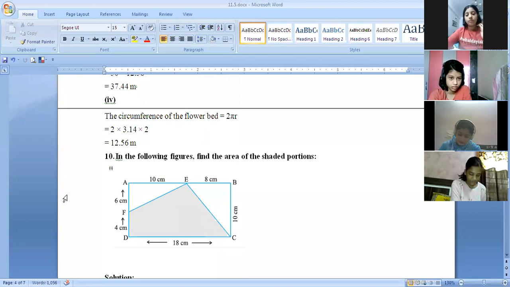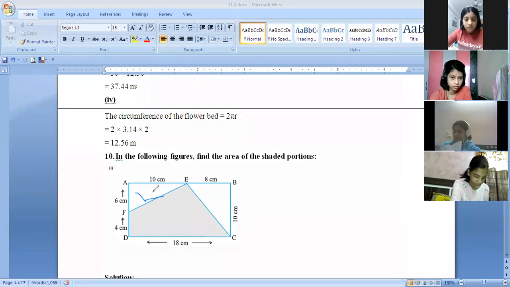So first of all, we'll find out the area of this rectangle. Then, can you see this triangle, EAF? We'll find out the area of this triangle.